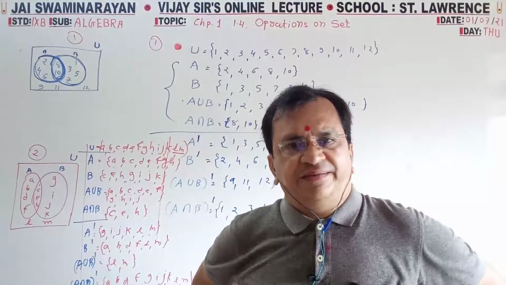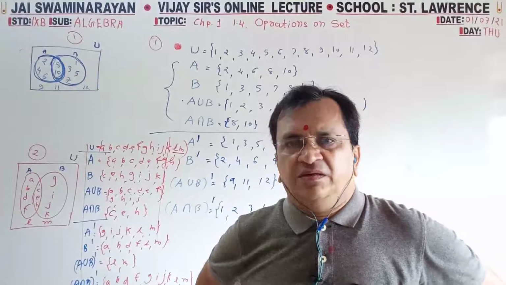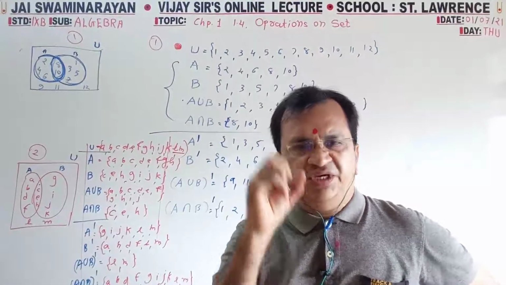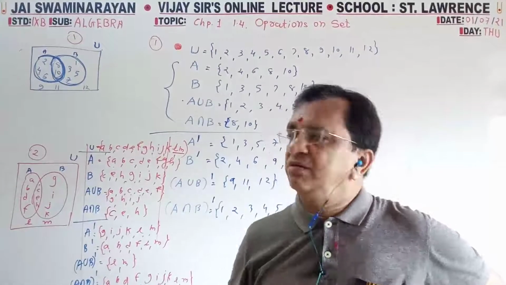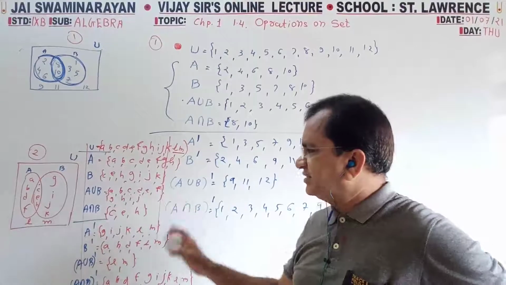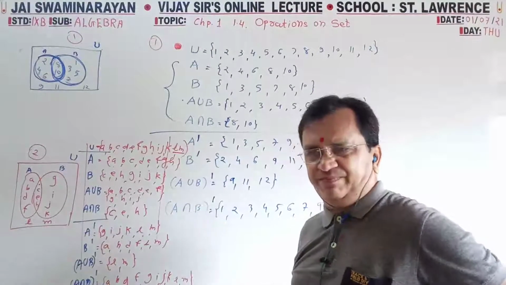So like that, you should know how to catch the element from the diagram. One example I have given numerical type, one example alphabetical type.